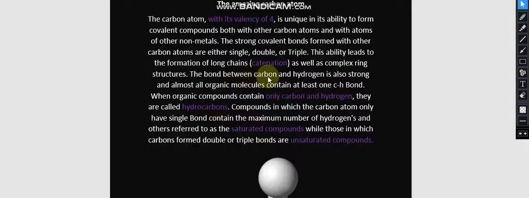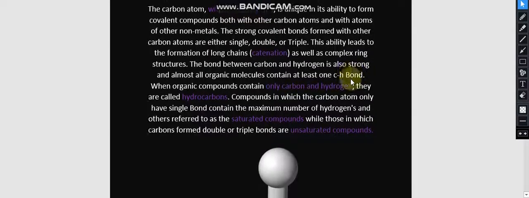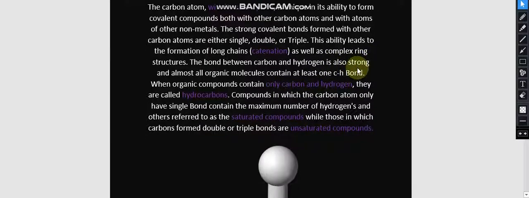The bond between carbon and hydrogen is also strong. It's a very, very strong bond, and almost all organic molecules contain at least one carbon to hydrogen bond. When organic compounds contain only carbon and hydrogen, we refer to them as hydrocarbons.